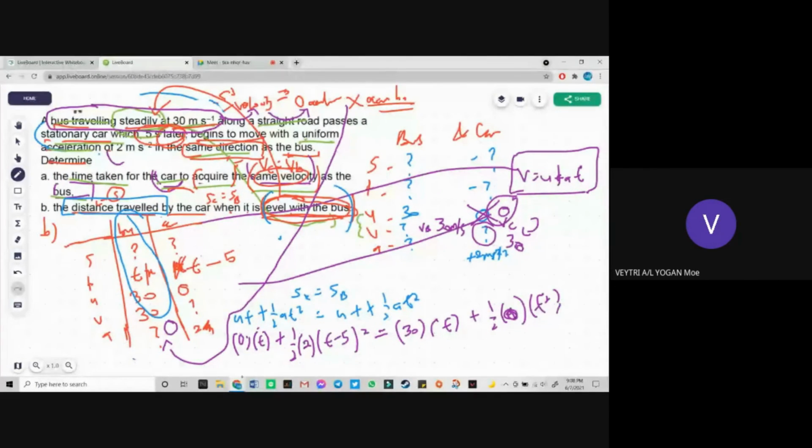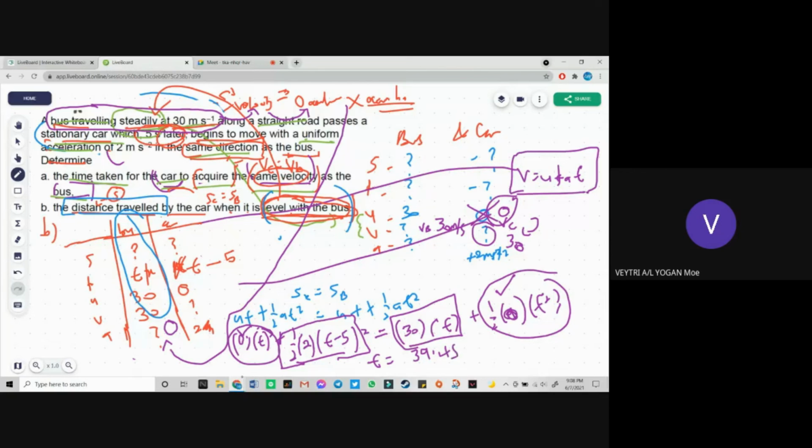No matter what, it will still be 0. But please write down your 0 over here, okay? So what it will become? You will continue yang ini, buat yang ini, and then buat yang ini. Kenapa? Sebab yang ini akan jadi kosong, yang ini juga akan jadi kosong. Do basic mathematics, you will get your t value, which is 39.4 seconds.